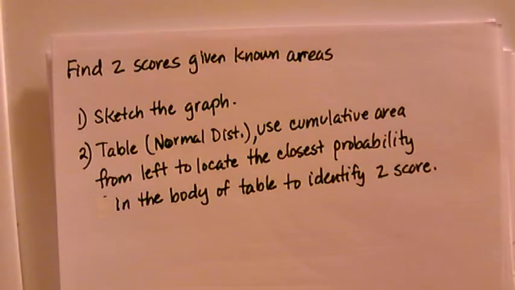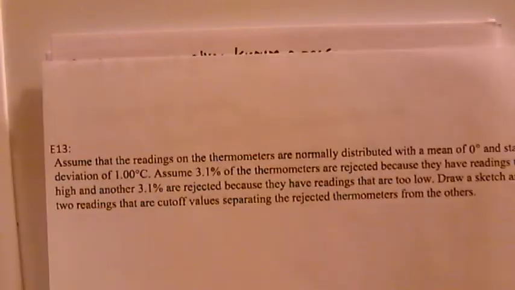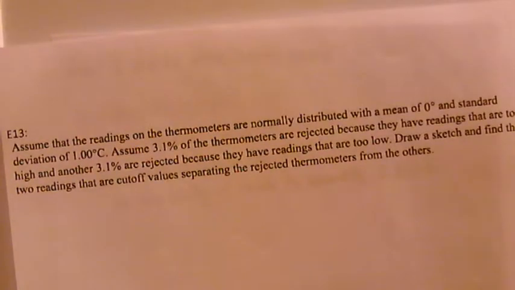I think I have another example that is like this one. Assume that the readings on the thermometers are normally distributed with a mean of 0 and a standard deviation of 1.00 degrees Celsius. Assume 3.1% of the thermometers are rejected because they have readings that are too high, and another 3.1% are rejected because they have readings that are too low.